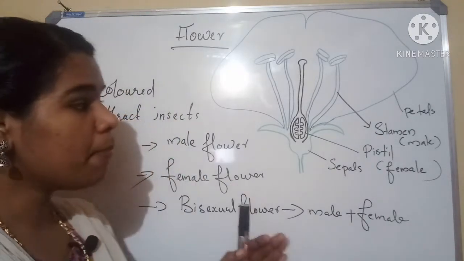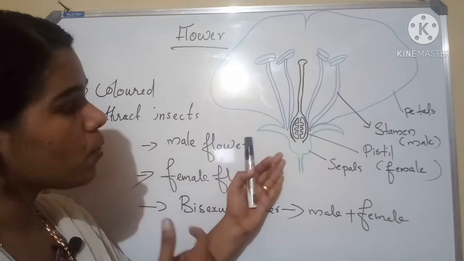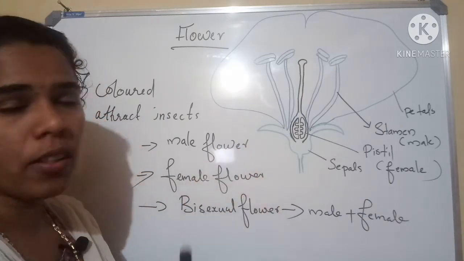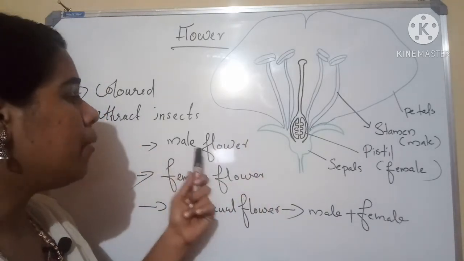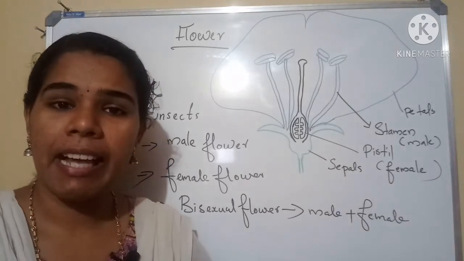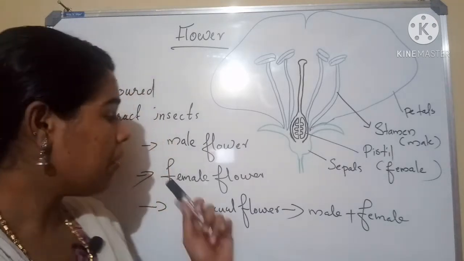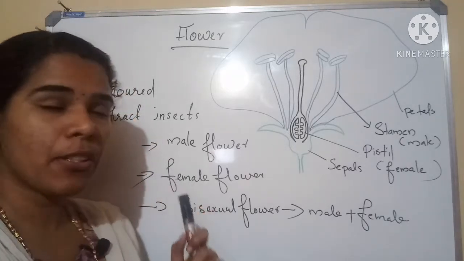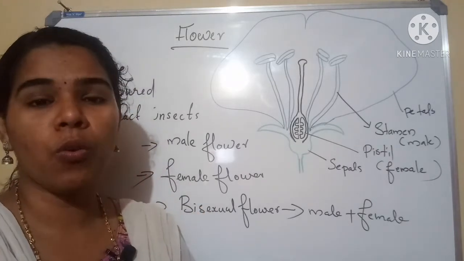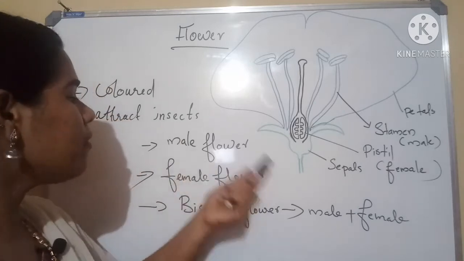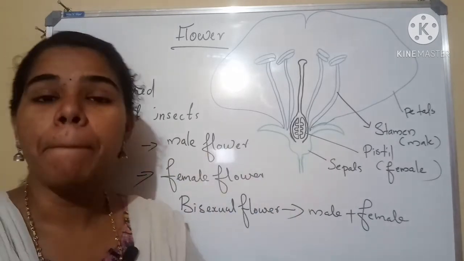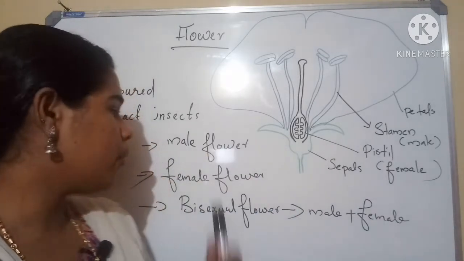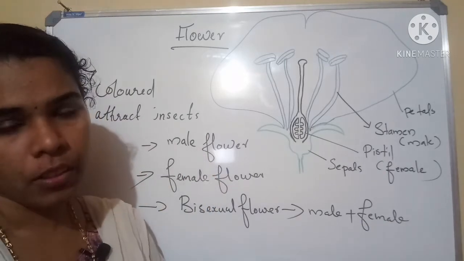In some cases, these flowers may carry only the female sex organ. That kind of flower is known as a female flower. And especially in cucurbits or cucumber, we can see some flowers may carry only the male sex organ, the male flower.